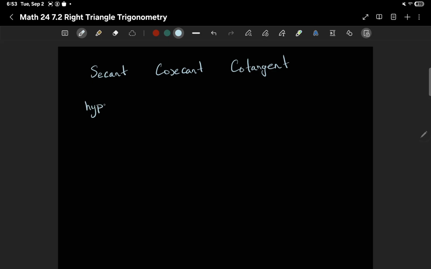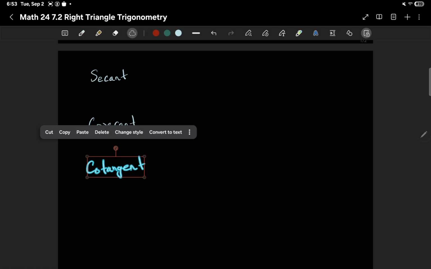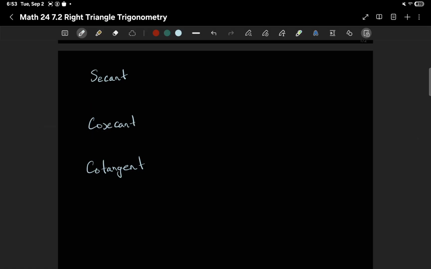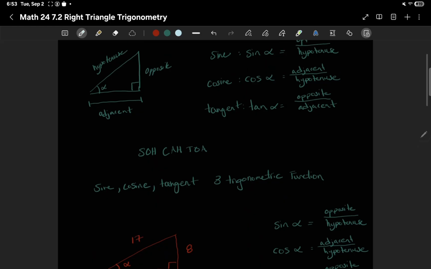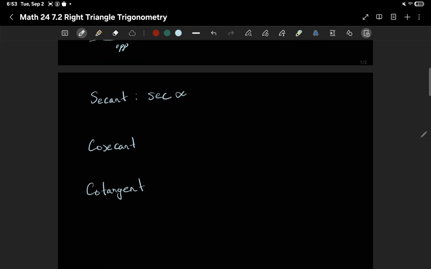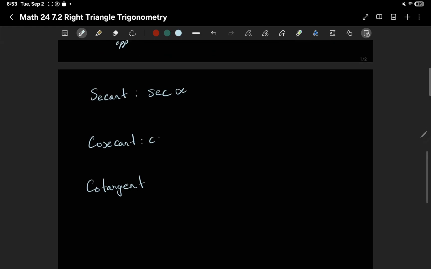So let me reorganize this really quick. Okay, and you will see secant abbreviated as SEC. Cosecant, which you'll see abbreviated as CSC, and cotangent, which you'll see abbreviated as COT.